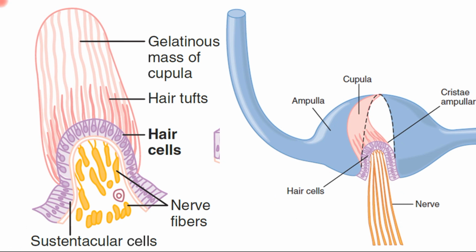This again has a gelatinous mass on top of it, and the hair cells are projecting, the cilia or the hair tufts are projecting from the hair cells inside the gelatinous mass, and the hair cells are supplied by the nerve fibers, similar to what we have seen in the case of the macula.